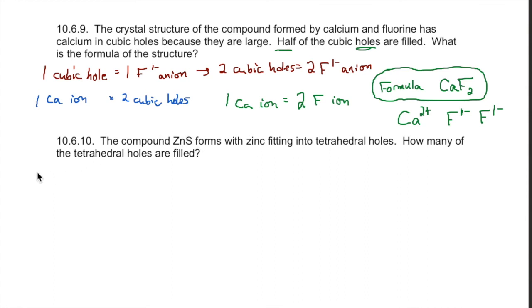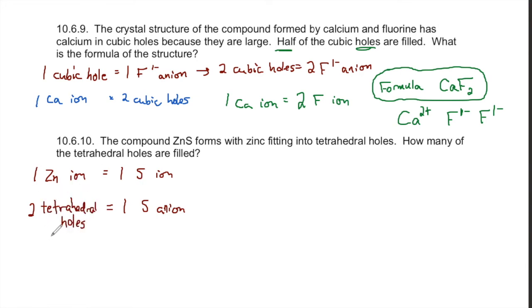Okay, so this is another problem where we have the formula. So we have 1 zinc ion for every 1 sulfur ion. And then the zinc is in some tetrahedral holes. We want to know how many. So for every 1 anion, we have 2 tetrahedral holes. That's how the closest packing structure works.